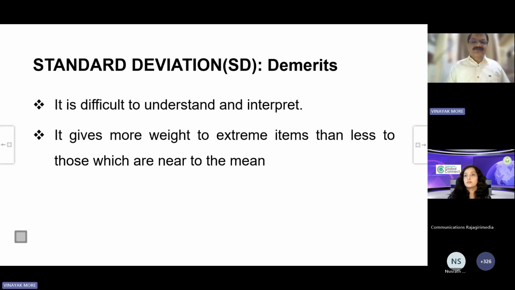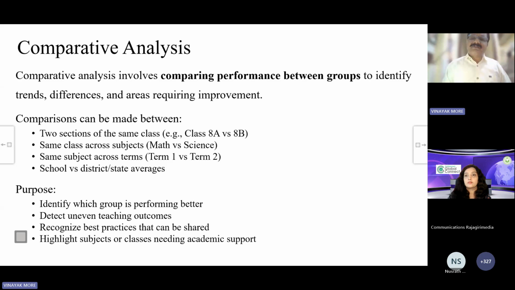Based on these statistics, what analysis can we do? The first analysis we can do is comparative analysis. For example, if you want to compare performances of two groups to identify trend differences or areas requiring improvement, we can do comparative analysis.